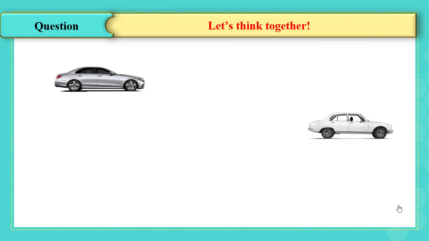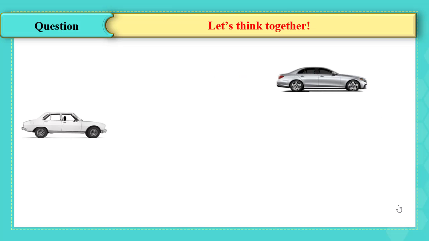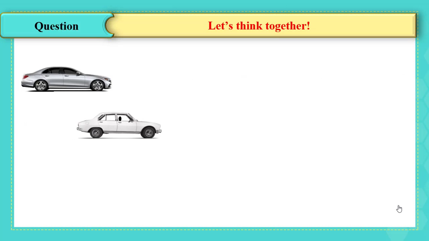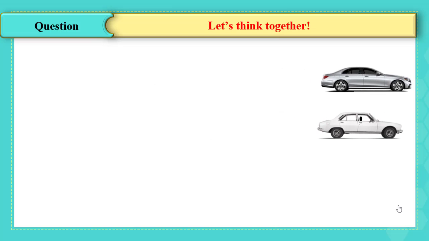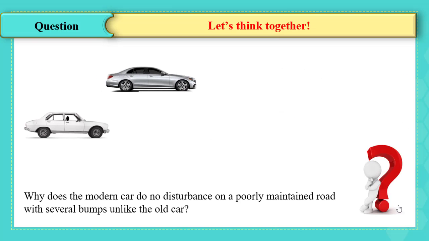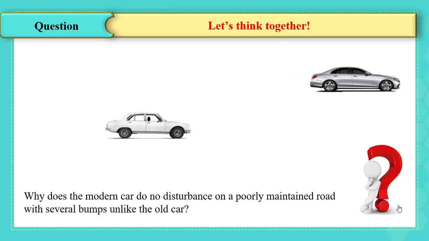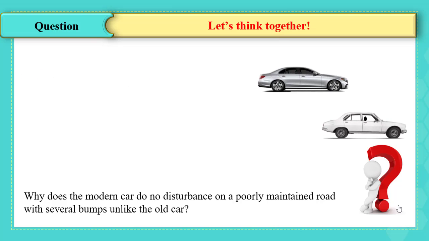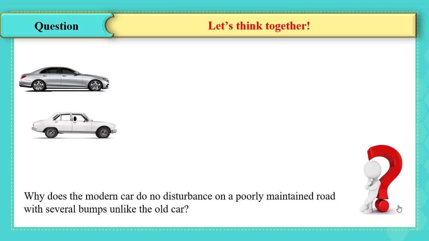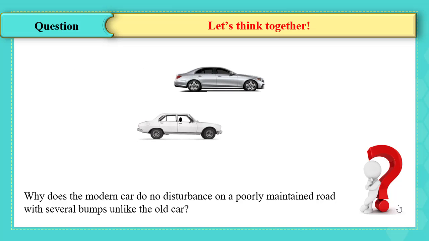Why does the modern car cause no disturbance on a poorly maintained road with several bumps, unlike the old car? To answer the question, you should first know that cars contain oscillatory systems. Then, you should follow us with the lesson. Finally, you will find the answer, but keep it in your mind and don't forget it.